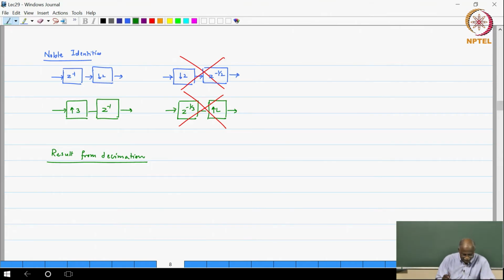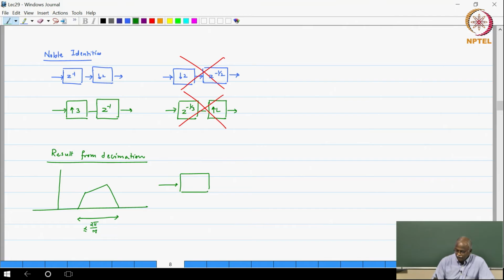So we showed that if you had a spectrum, some complex spectrum, if this width is less than or equal to 2 pi over m, then this signal can be downsampled without aliasing.